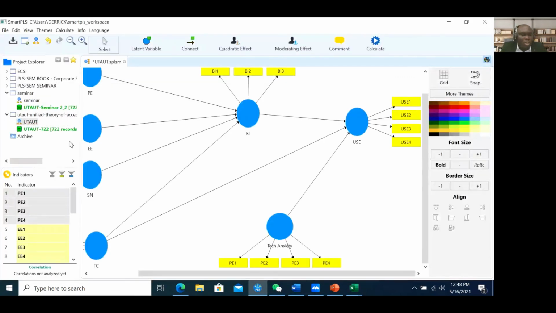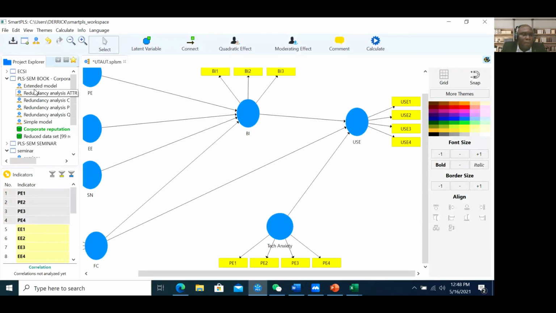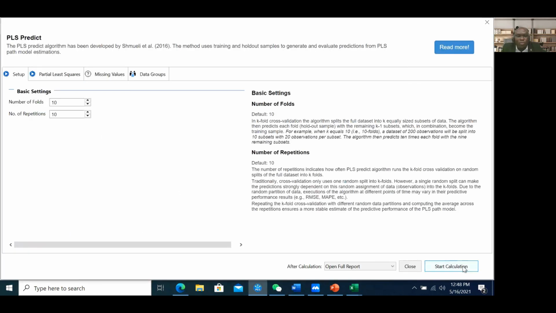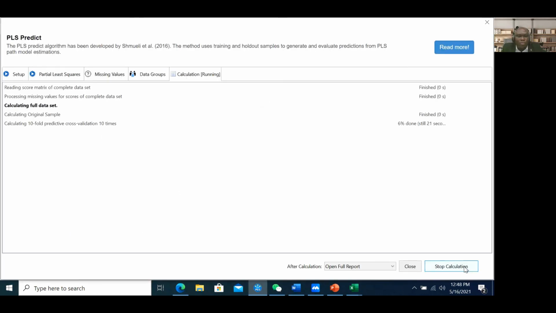Okay, so the data is problematic, so I'll use a different data to illustrate the PLS Predict.